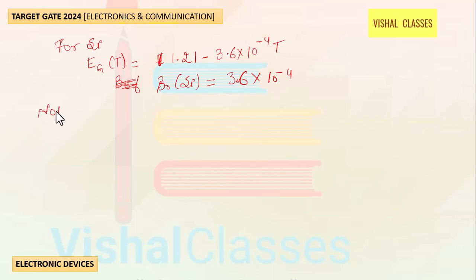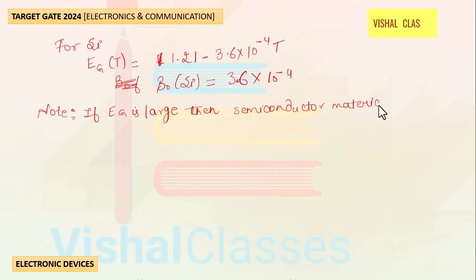Note. Write a note. If Eg value is large, then semiconductor material is suitable for high temperature applications.